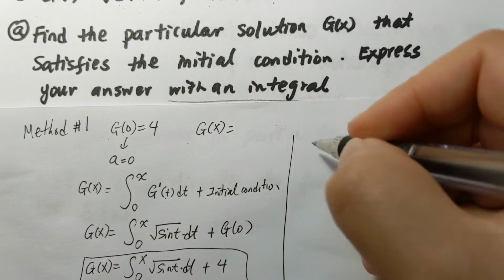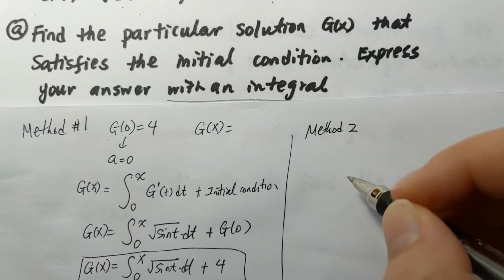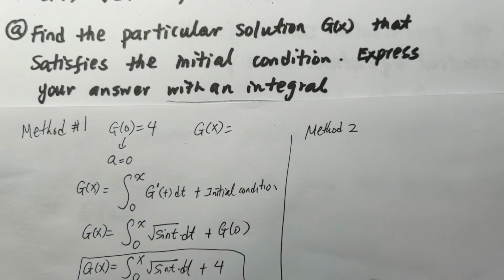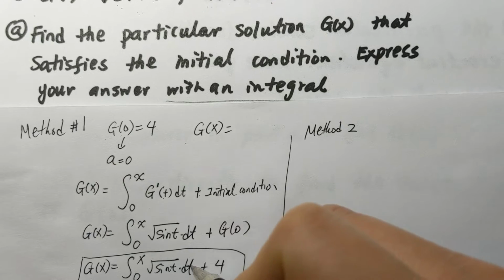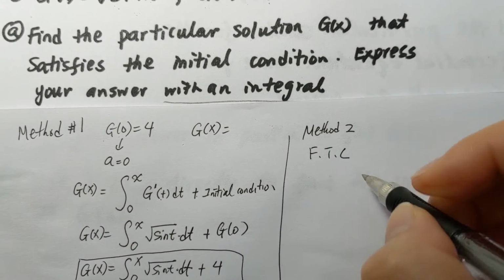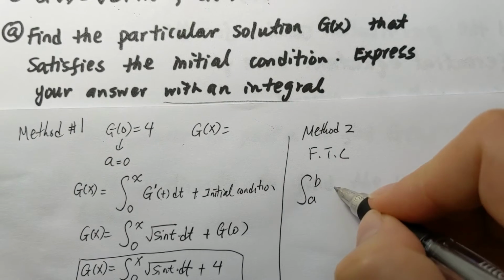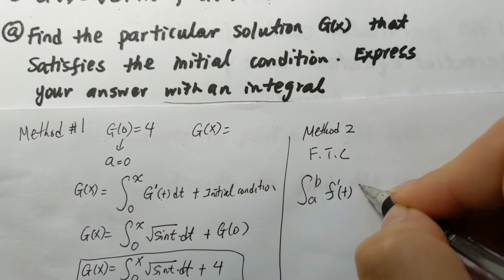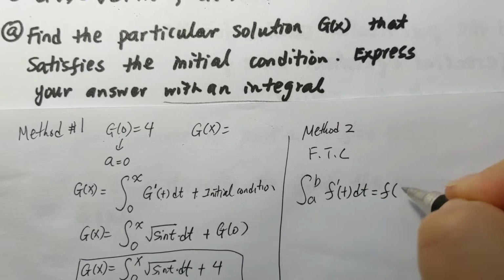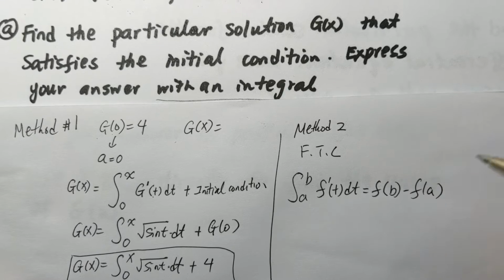So how do we do method number 2? Some people may want to use method number 2 if they find that method number 1 is not that easy. So we just go back to FTC. FTC said that the integral a to b of f prime of t dt equals f of b minus f of a.